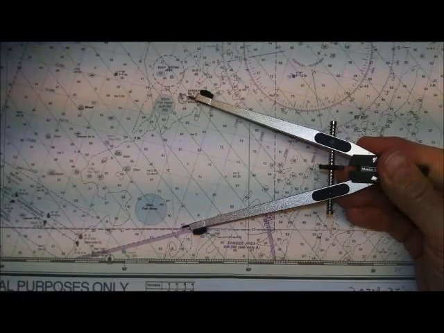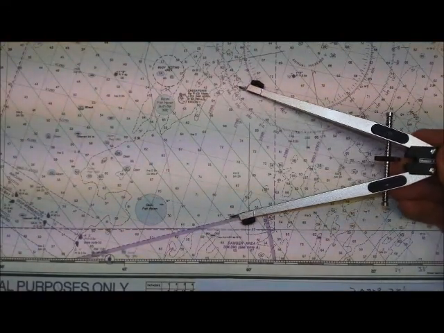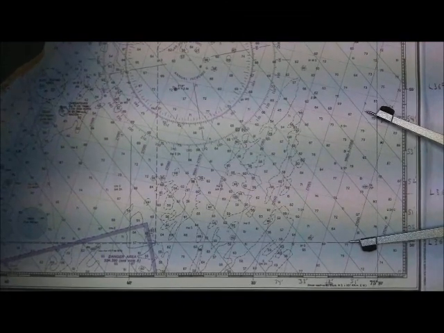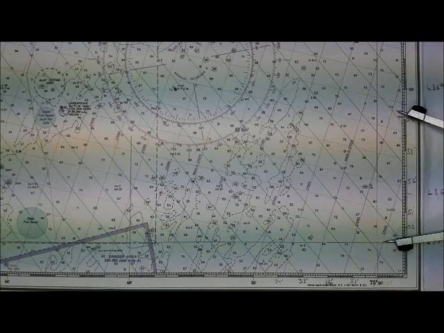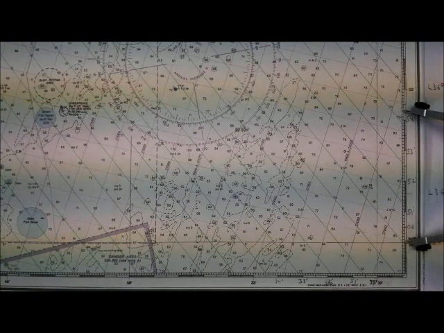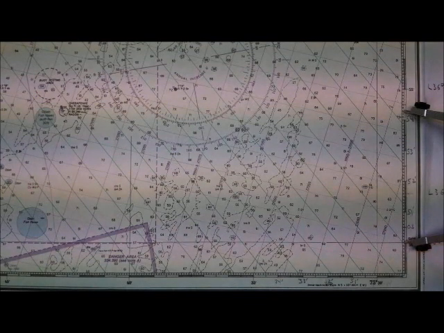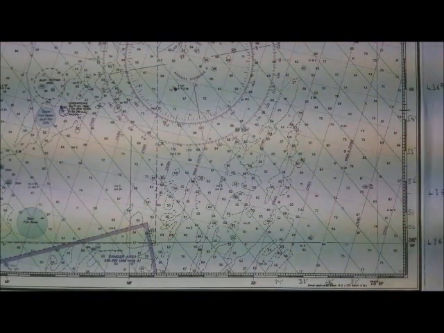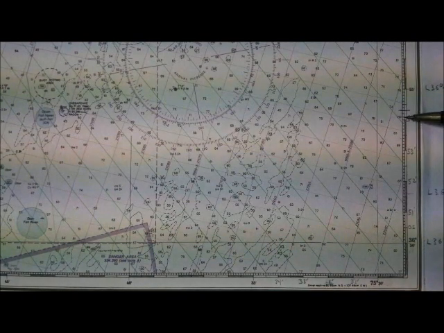At that point, I'm just going to transfer this distance over to the latitude scale. You can see that it's right above the 54, so it's going to be 36 degrees, 54 minutes, and then if I make a little tick mark right there, I can pull my dividers away, and I see it's 54.1, 0.2, 0.3.